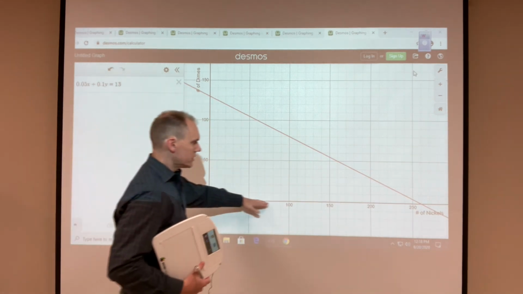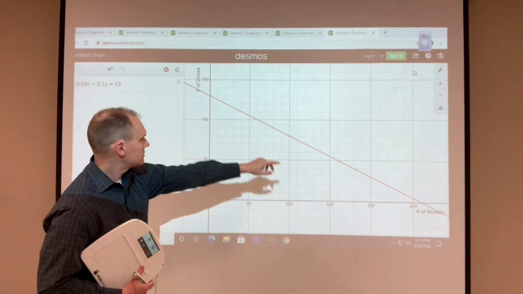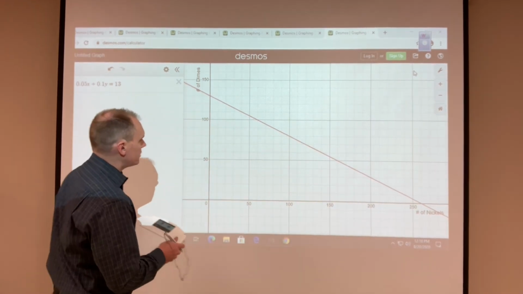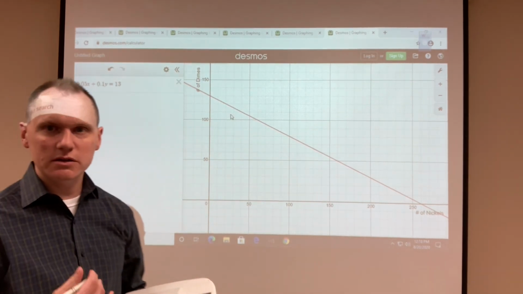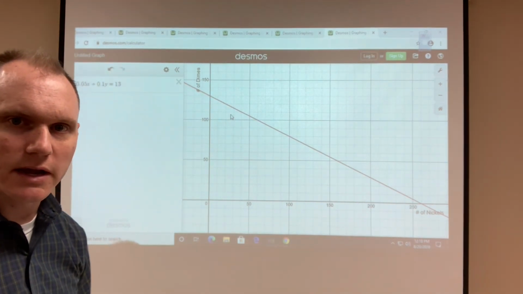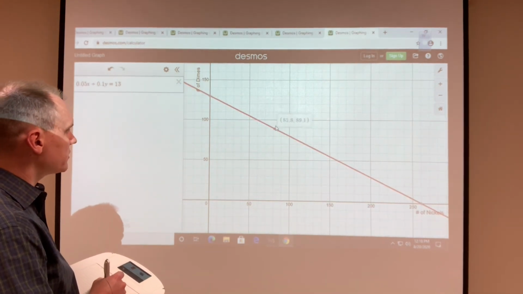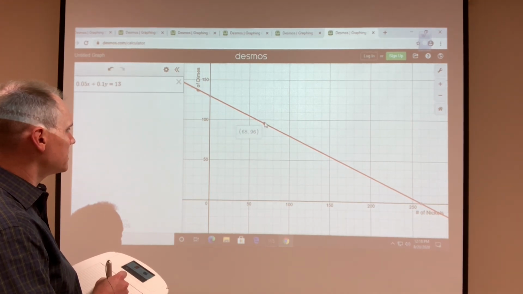All right, got my number of nickels down here, the x-axis. Again, 260 is the x-intercept, 130 is the y-intercept, and I still can only have an integer number of nickels and dimes, right? I can't have a fraction of a dime or a nickel. But these are all the possibilities here. Let's see if I can find one here. 68 and 96.